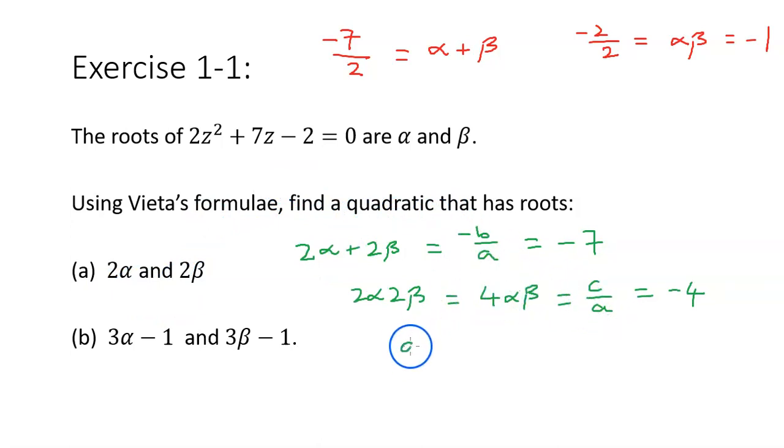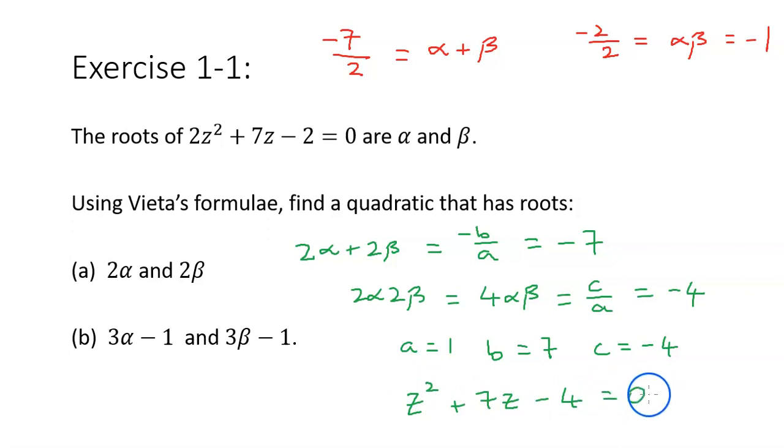So let's take a equals 1, which would then force b to equal 7, and that would also make c equal negative 4. And so our quadratic equation is z squared plus 7z minus 4 equals 0. So that must have roots 2 alpha and 2 beta.